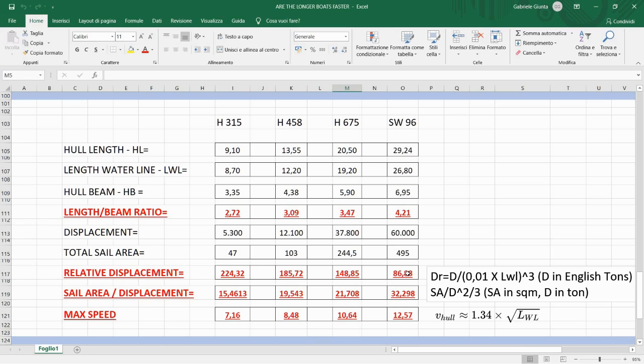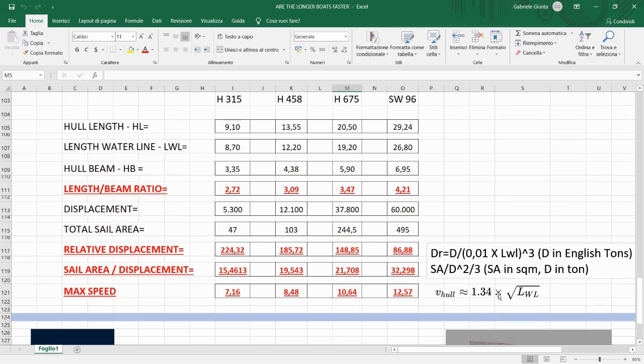The relative sail area, basically the sail area compared to the displacement, is going from 15 to 32. Basically, the bigger boat has double the power of sail area with almost one third of the displacement. This explains very well why bigger boats are faster, because all the numbers are pushing a bigger boat to go faster.